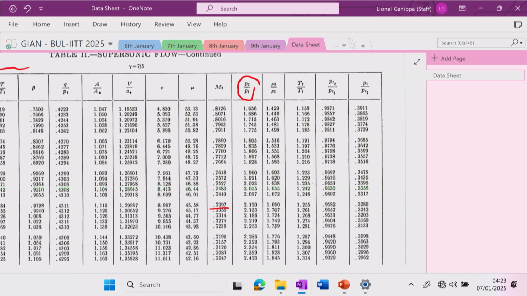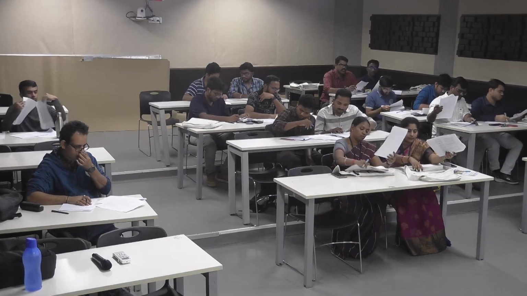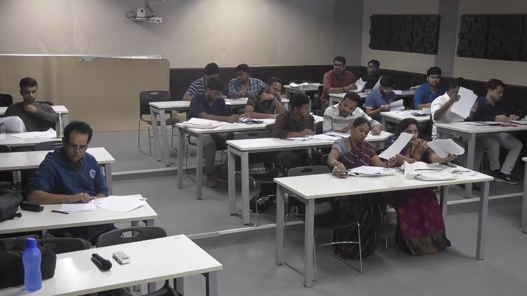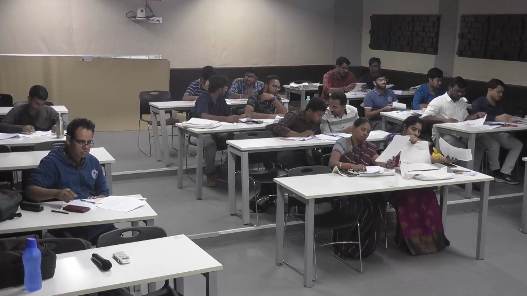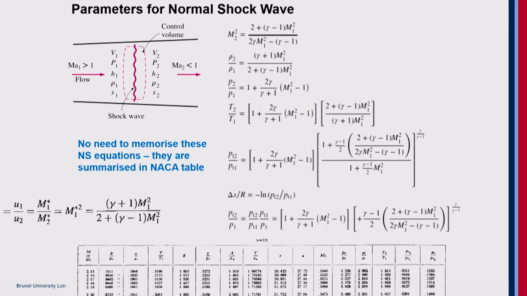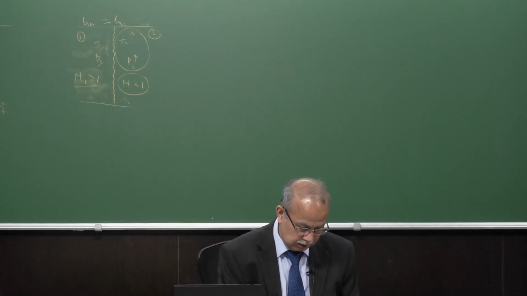I think the problem is given in the problem sheet. A normal shock forms on the intake of an aircraft flying at Mach 1.6 at an altitude of 10 km from the ground.